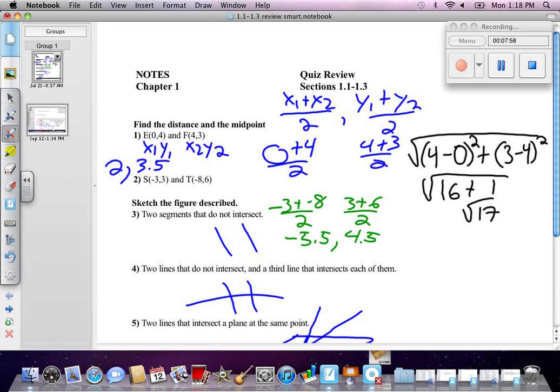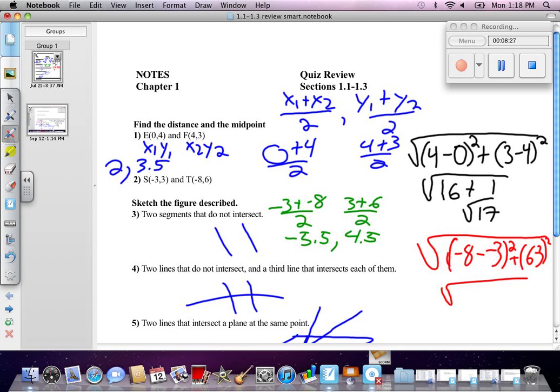Okay, then the distance formula. Sorry, I didn't leave you guys enough room. Hopefully it's just my weak handwriting. X2, oops, wrong problem. X2, negative 8, minus x1, minus a negative 3, squared, plus y2, 6, minus 3, squared.